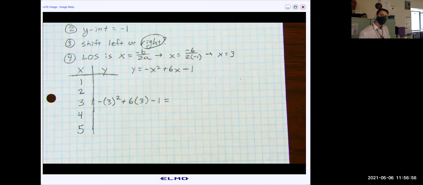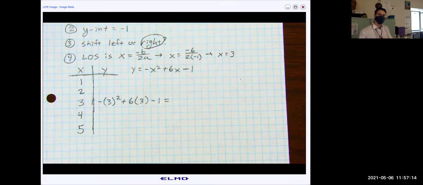Notice that that negative does not get squared. What the quadratic wants us to do is square the 3 and then take whatever that answer is and make it negative. If the negative was inside the parentheses, then we'd have to square it, but it's not.